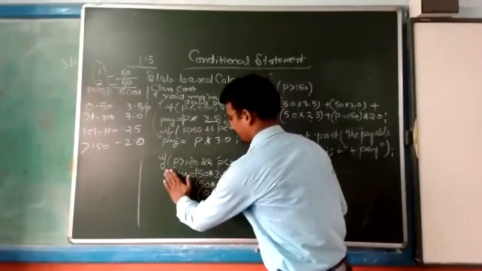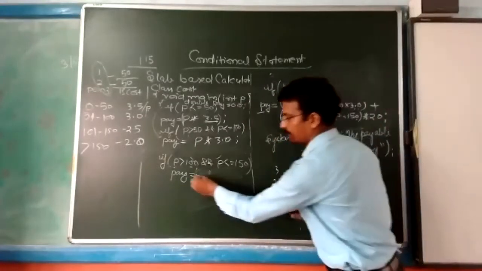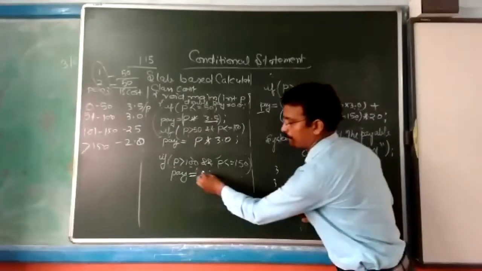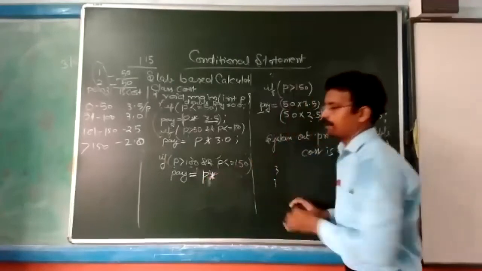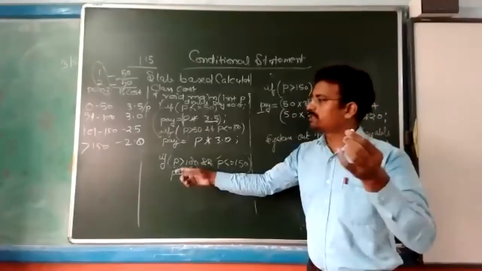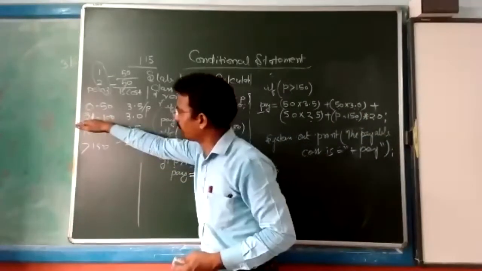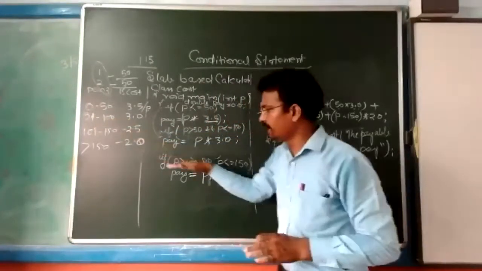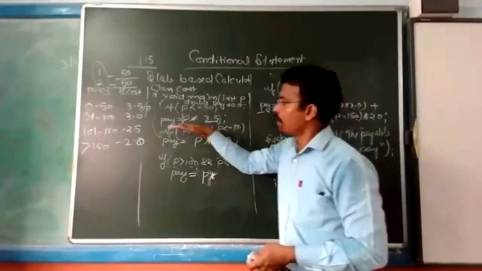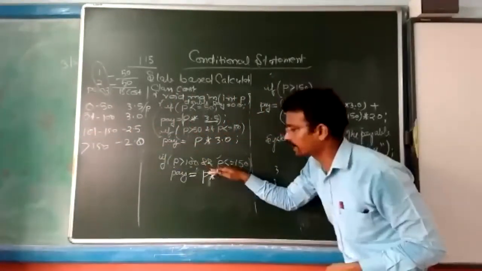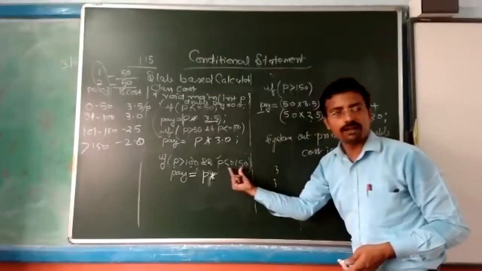Second thing, if P is more than 100, suppose we have taken 125. So 125 is not coming under this criteria, sorry, that criteria. 125 will come in this criteria: P value is more than 100 and less than 150.